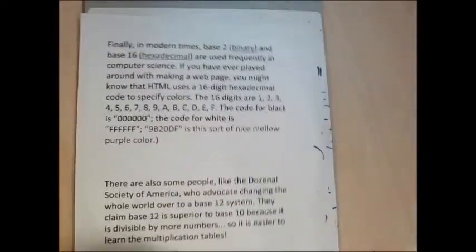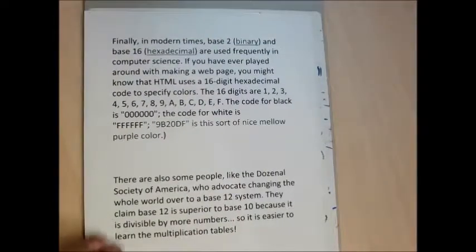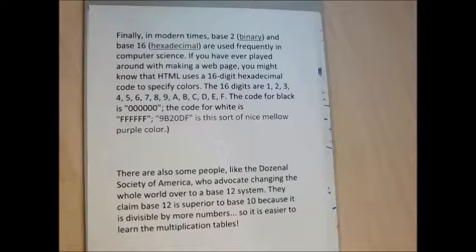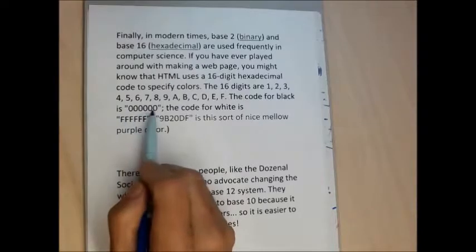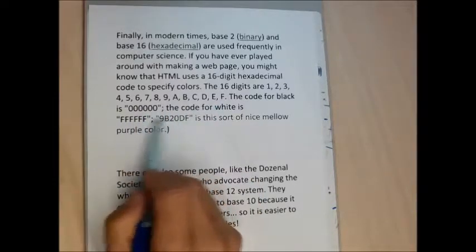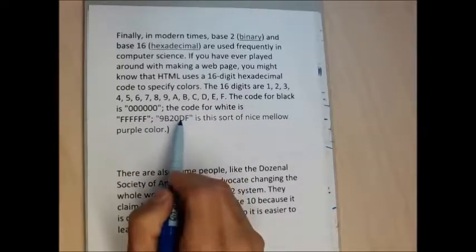Here's a little bit more on base 16. When I made up my web page, I had to pick the color of the fonts. In the computer program that I was using, when you go to pick a color for a font, you define it by a letter name or a number/letter name in base 16.